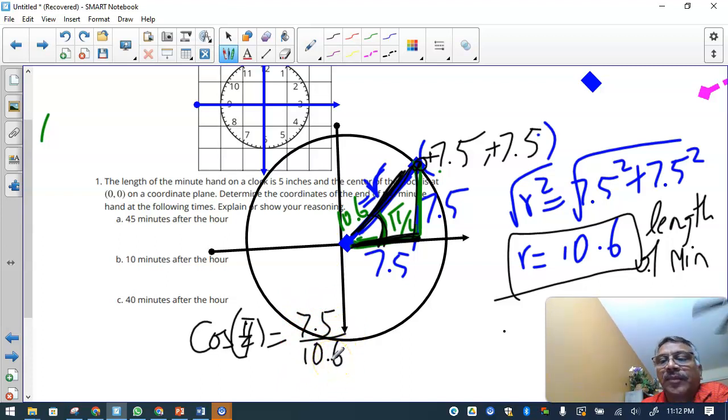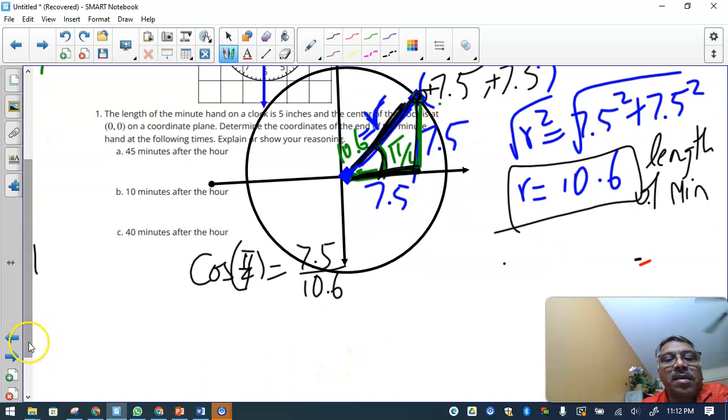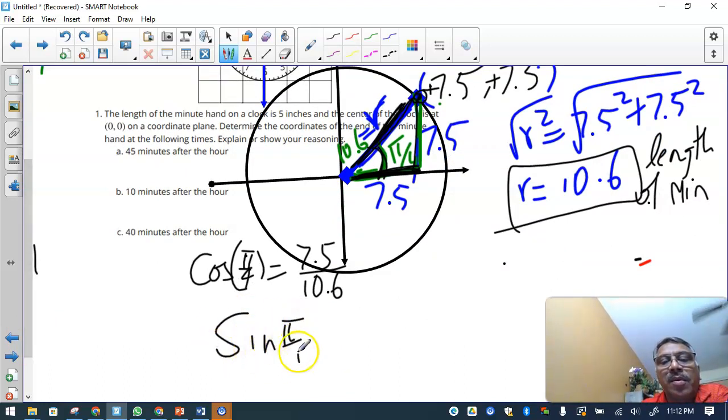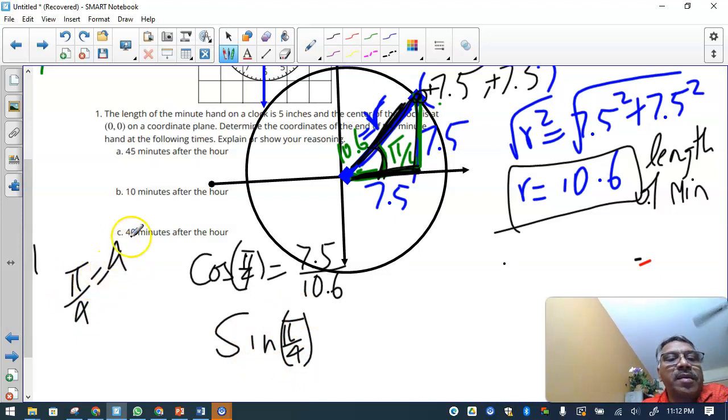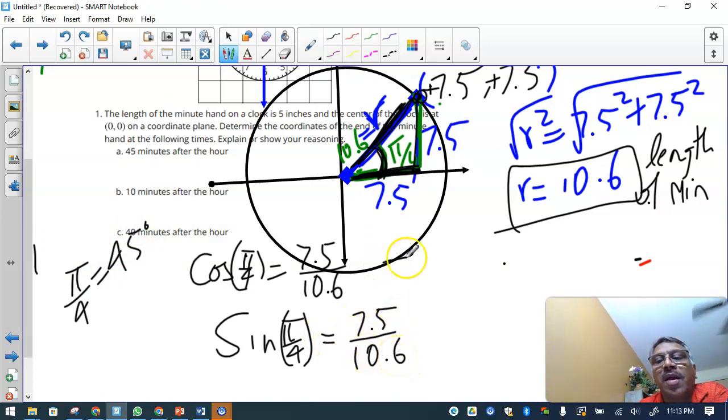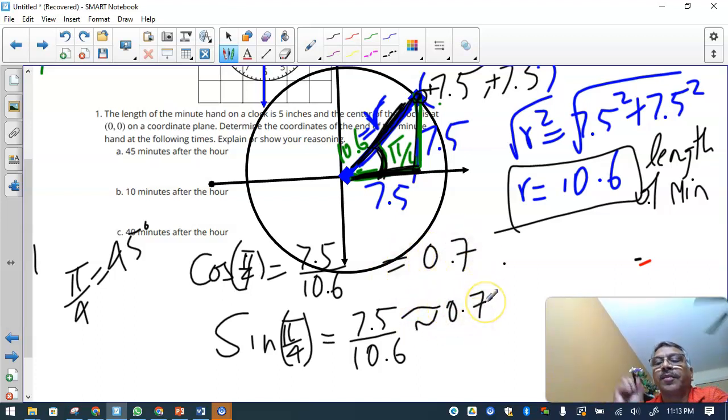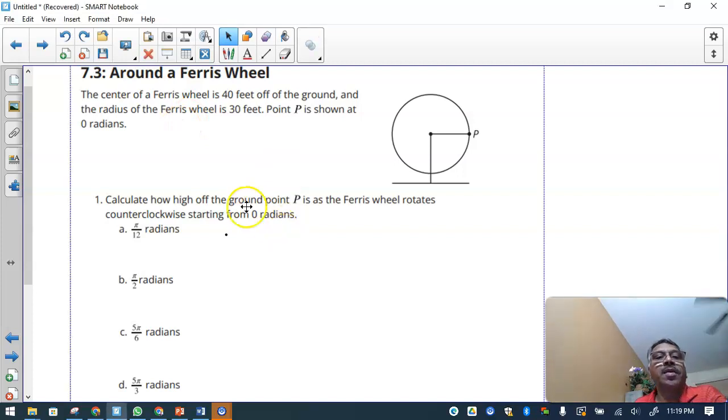And the sine of pi by 4, remember pi by 4 is 45 degrees, is again 7.5 divided by 10.6. So this answer will be 0.7, and this also will be 0.7. That is the ratio of the cosine of the angle and the sine of the angle.